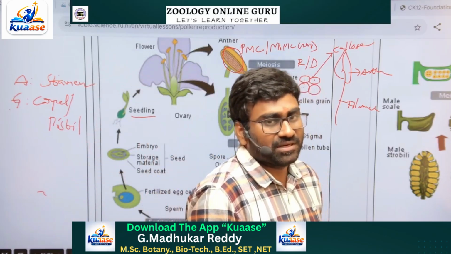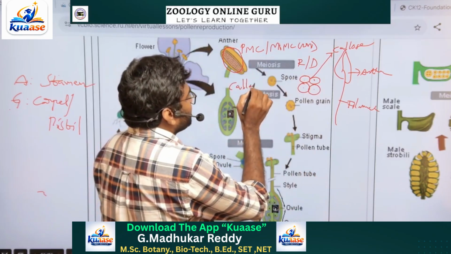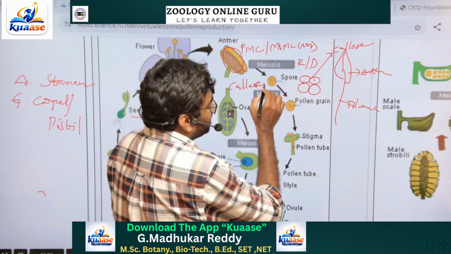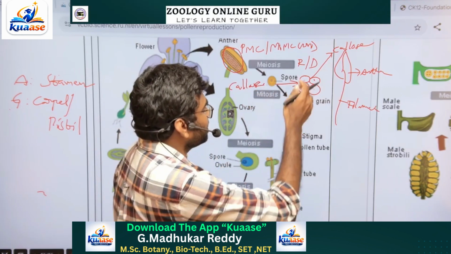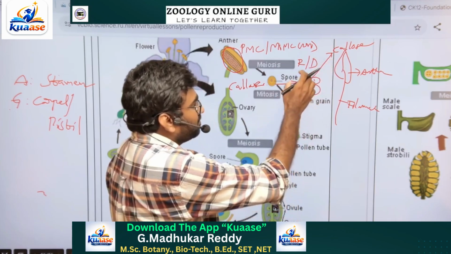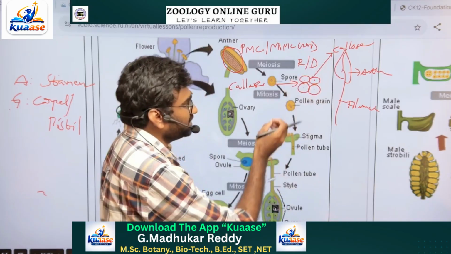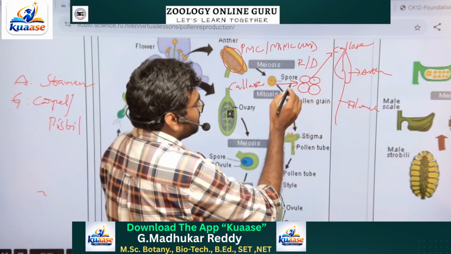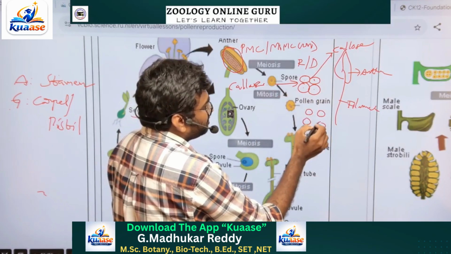That tapetum produces the enzyme cellulase. This enzyme breaks down the callose so that all the microspores dissociate from each other, and now the microspores are free.